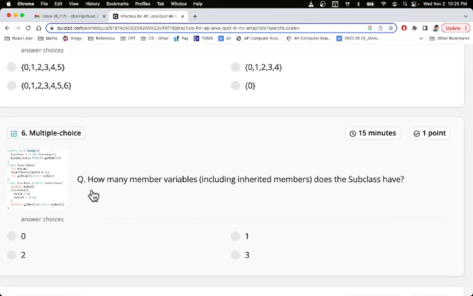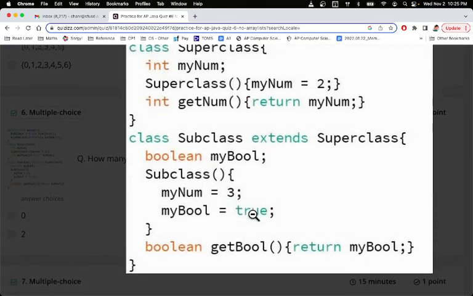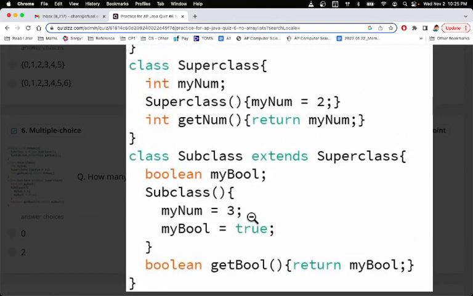In number 6, we see the same superclass subclass example, but now we are especially interested in member variables. So again, as we click in and see the subclass, okay, you may think the answer is 1, myBool, that one's pretty obvious, but you did inherit information from the superclass, so myNum was inherited. The constructor also gives you a big hint.